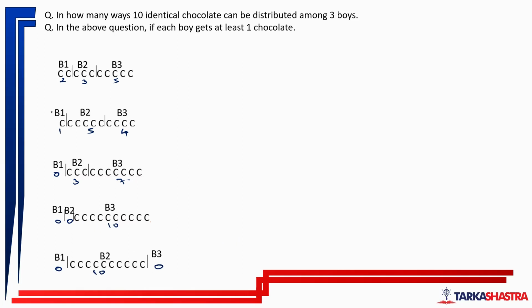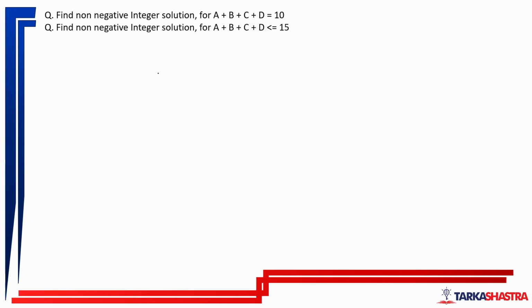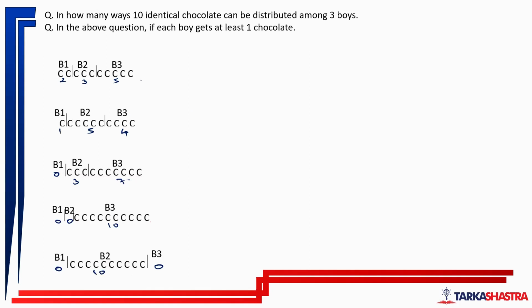So what I have done is, I have written down 10 chocolates in front of you. And then there are 2 separation points as well, so 2 separation bars. So I have to arrange these 12 objects accordingly. Yes or no? What I'm doing here is just arranging these 12 objects. These 12 objects are 10 C's and 2 bars, which are my separation points.